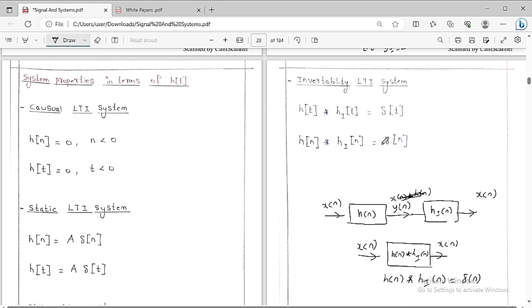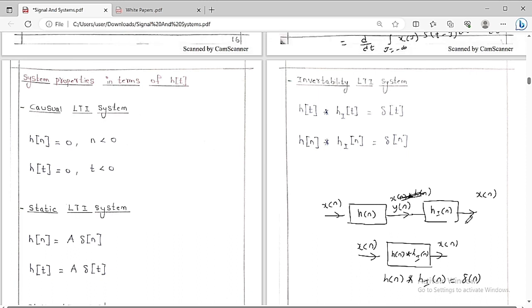Simply put, if you combine the system impulse response and the inverse system impulse response and get an impulse signal, delta of n, then we can say the system is an invertible LTI system.